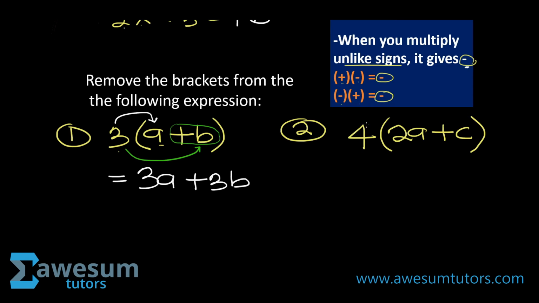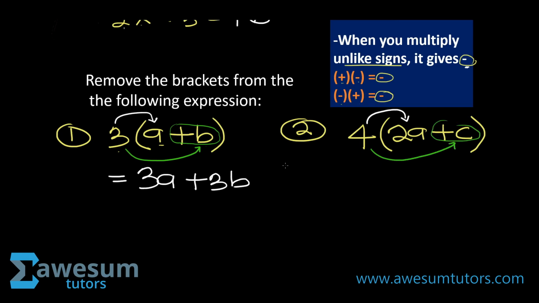In this case, 4 is going to multiply both of these. It's going to multiply both 2A and C. So 4 multiplies this, and also it's going to multiply the plus C.